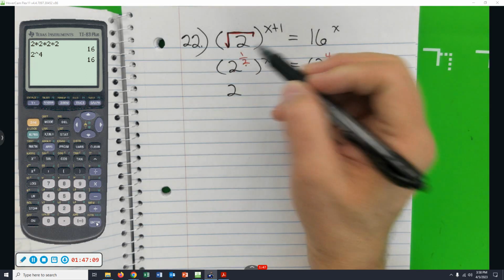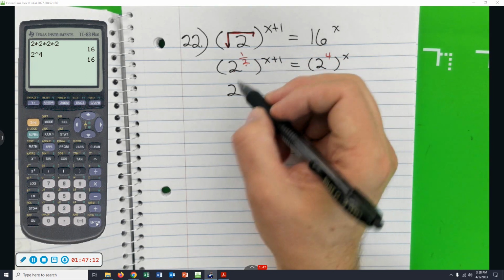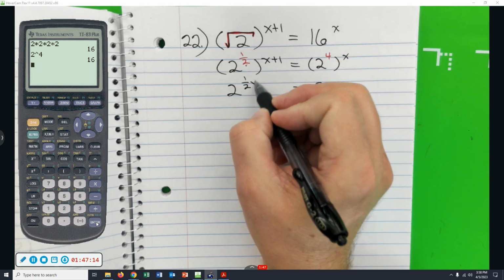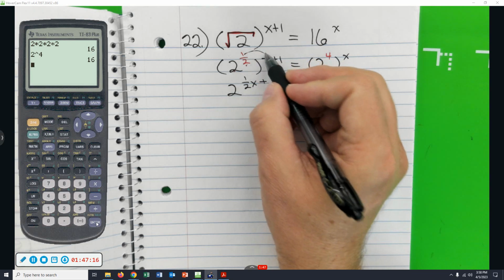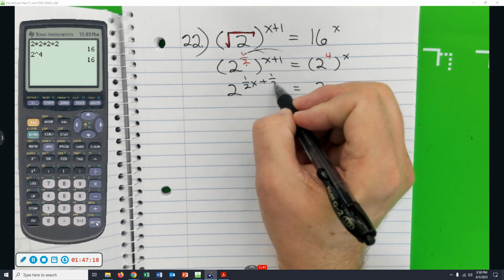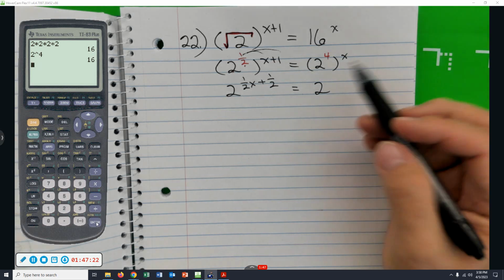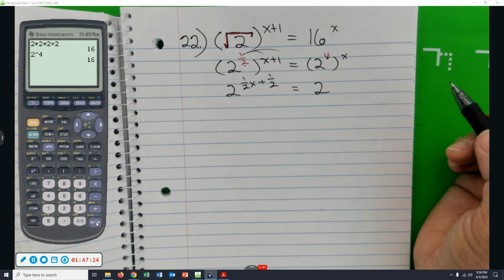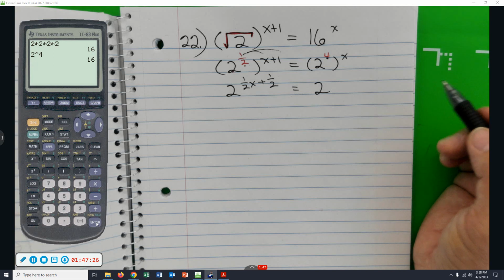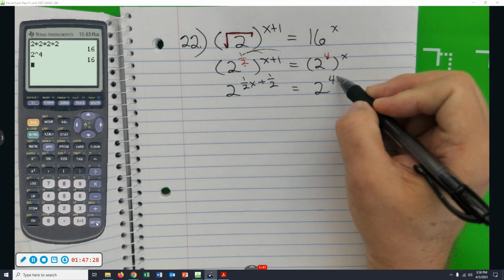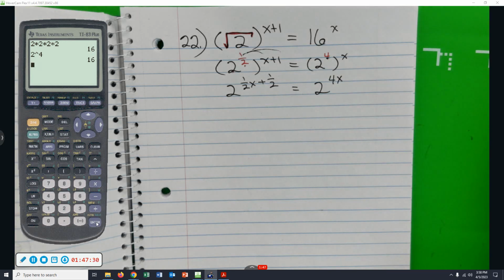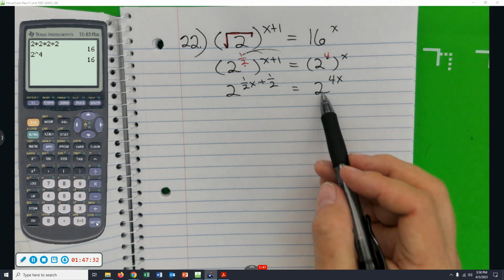You multiply, so 1/2 times x is 1/2 x plus 1/2 times 1 is 1/2. And power raised to power is 4. And you get rid of the 2. Okay, then we can drop the bases.